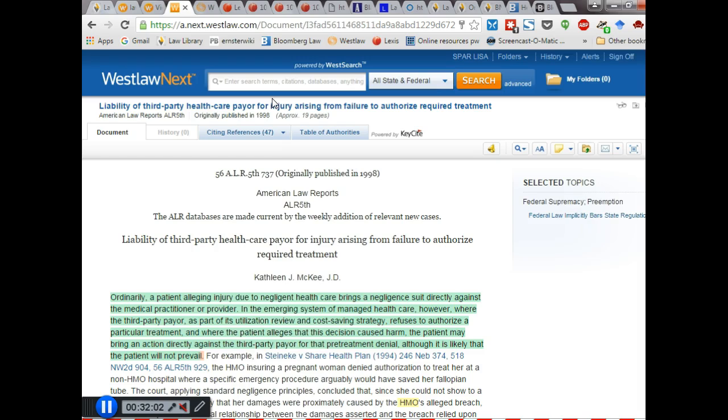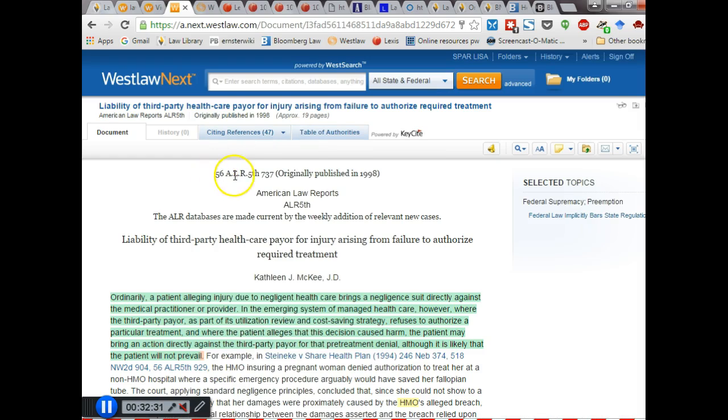Okay, so what I would like to do is take a brief look at this ALR article that Group 1 found. You'll see I pulled it up on Westlaw, and we'll go over in a moment what they look like online and how to find them online.